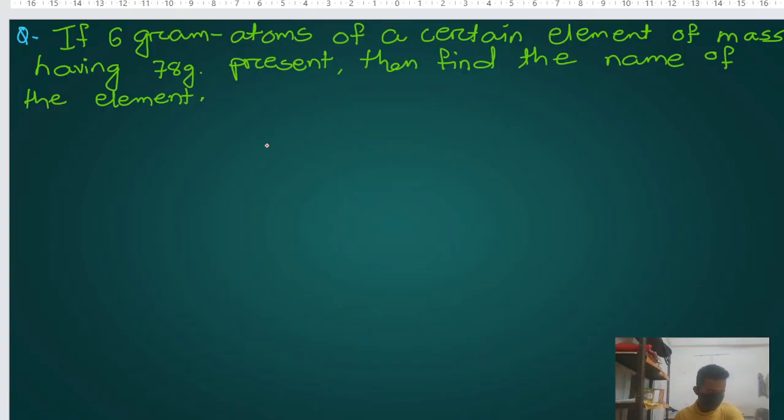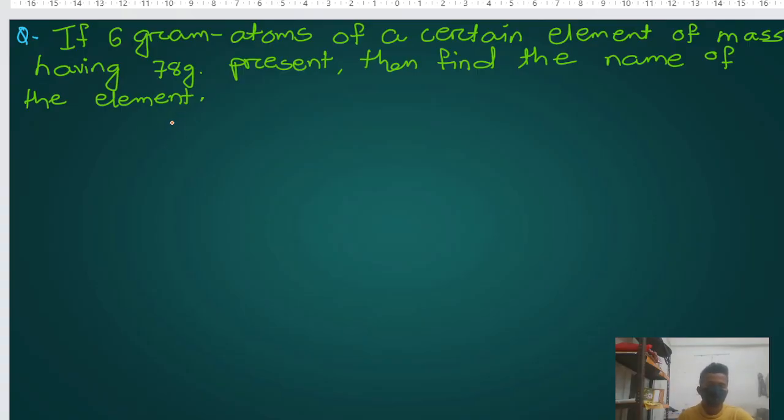I think you have already done this. So let's see here. 6 gram atoms of a certain element have a mass of 78 gram. What is the meaning of this?